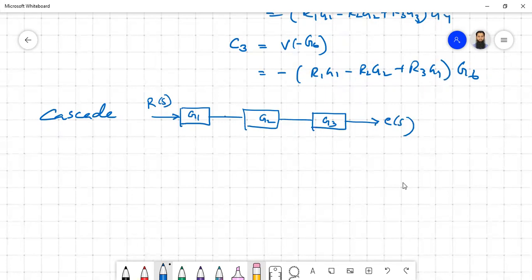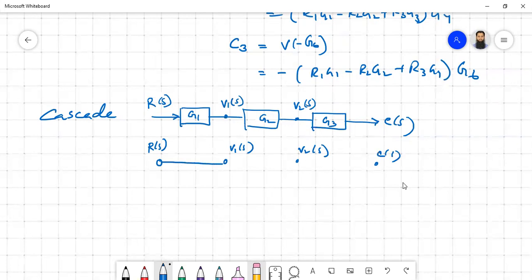You have to identify the nodes. This is one node, say V1S, this is your V2 node, V2S, and V3 is basically the output. The input is a signal as well, so it will be one node. This is your RS, then V1S, V2S, and this is your CS.